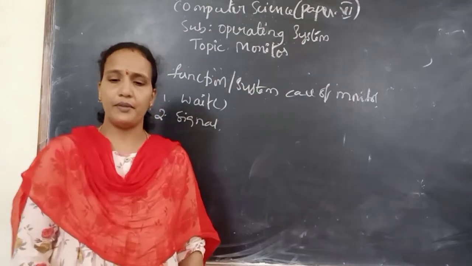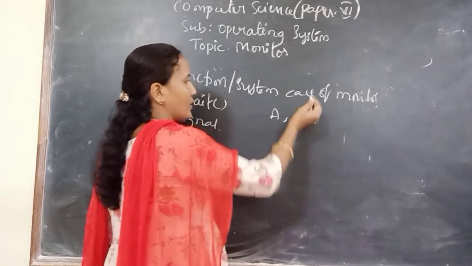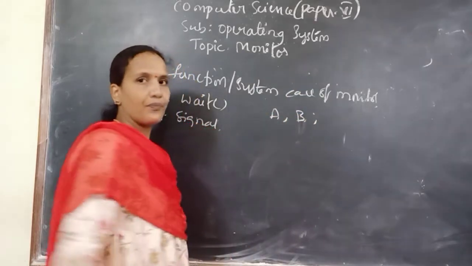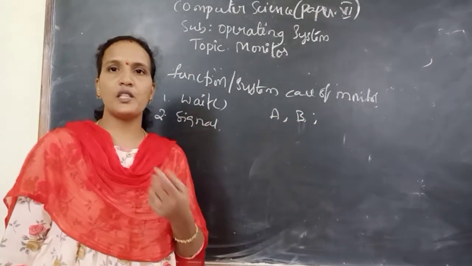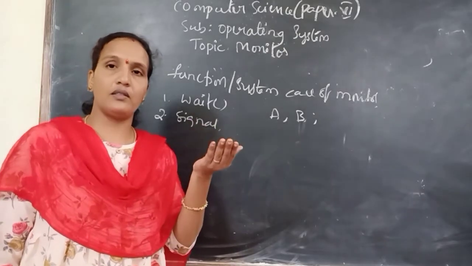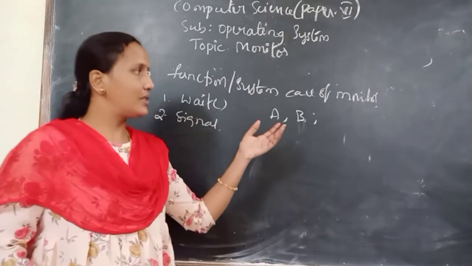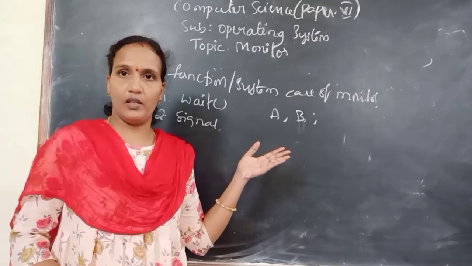Clear? For example, two conditional variables are there, A and B. Conditional variables are the variables which contain the state of the resources, because the monitor contains shared variables, shared resources.